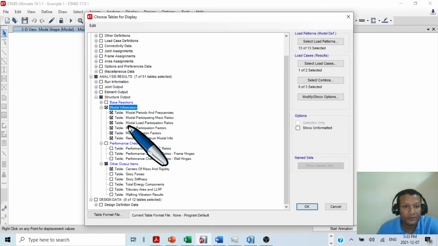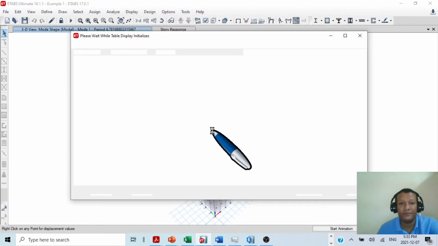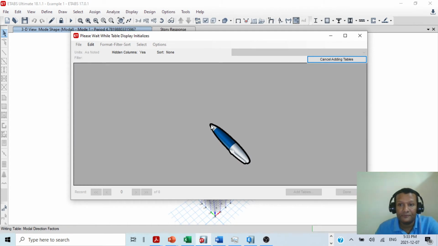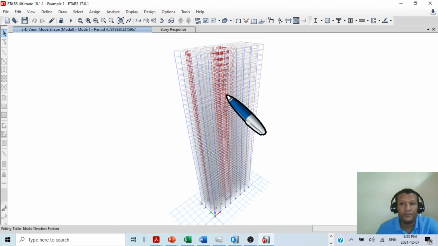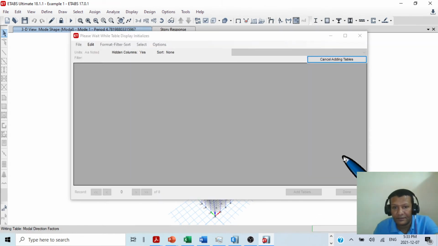Let's close this one. Okay, center of mass and rigidity. It's extracting. It will take some time.